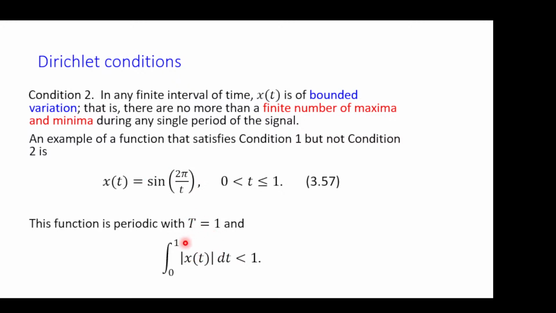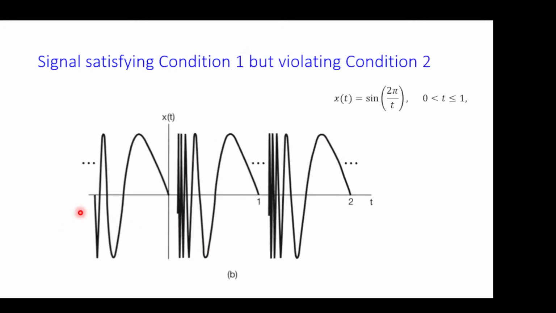Then you integrate 1 between 0 and 1, and that's less than 1. So this satisfies condition 1 but violates condition 2. Condition 2 means that you don't have a crazy number of maxima and minima. You just have a finite number in one period. Question? No. Yeah.